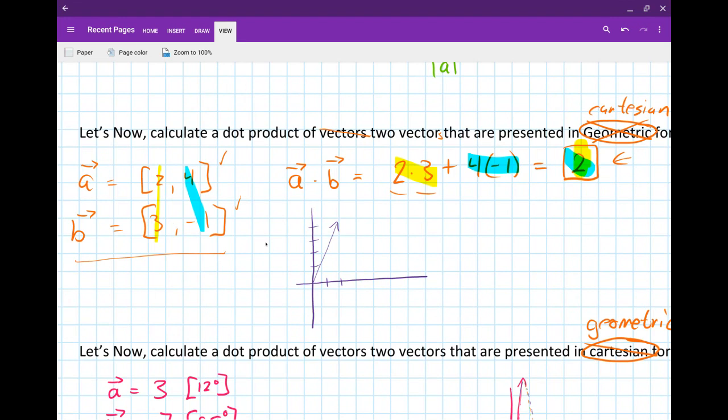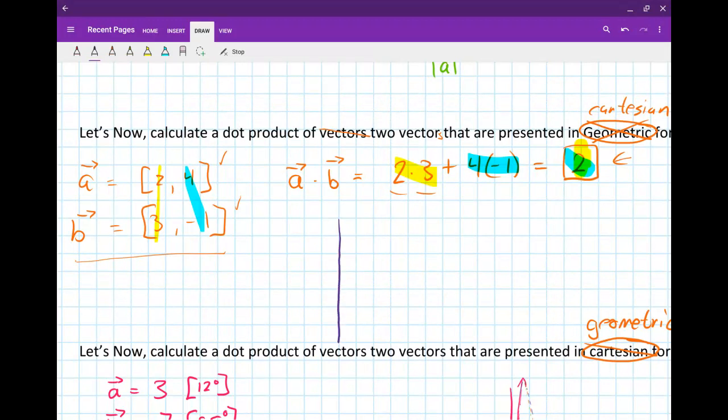This is going to help out a lot. So I'm going to erase this. All right, now I'll do (2, 4). Here's 2. Here's 4. This is vector A. And then (3, -1) is vector B.